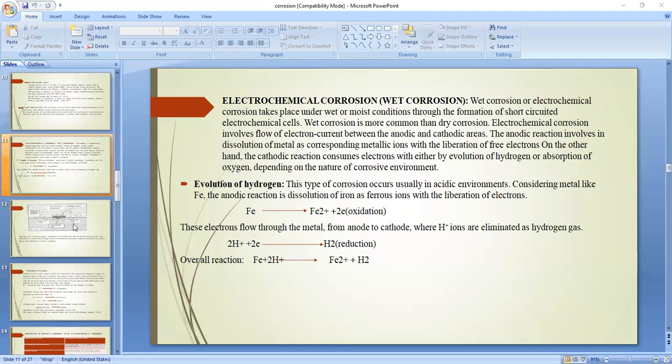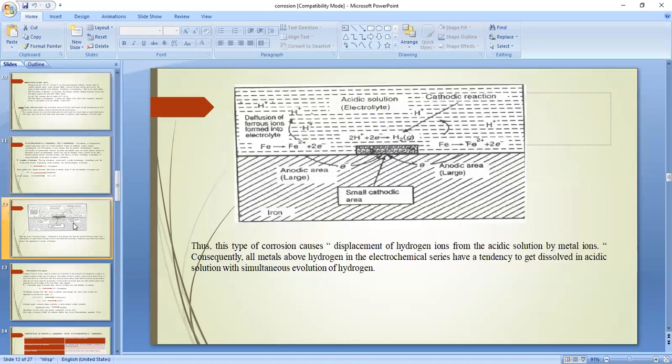For the evolution of hydrogen gas, if you observe this particular diagram, I've taken an iron metal, and the iron metal is exposed to an acidic medium containing HCl solution. The rate of corrosion would be faster in acidic medium than in basic and neutral medium.